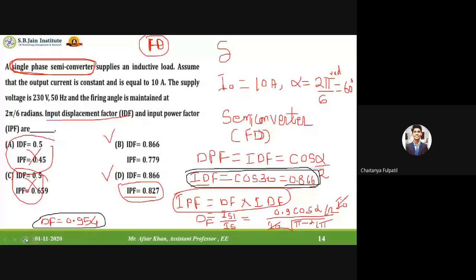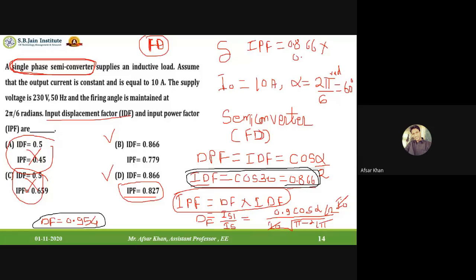Then what we have to do? We have to multiply DF into IDF, and you will get IPF. So IPF is equal to 0.866 into the distortion factor 0.954.